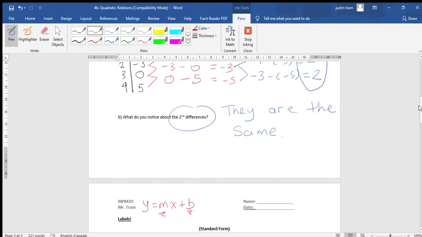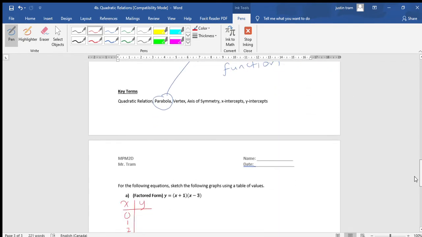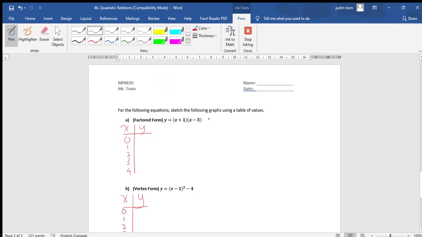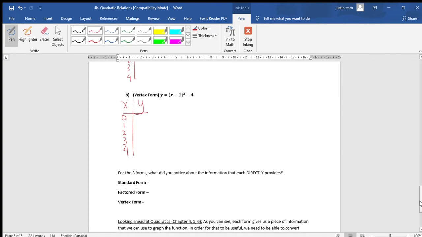And in fact, if you were to graph this in Desmos, which is what we call the standard form, graph this in Desmos, which is what we call the factored form, and graph this in Desmos, which is what we call the vertex form, you will realize that all these equations give you the exact same graph.